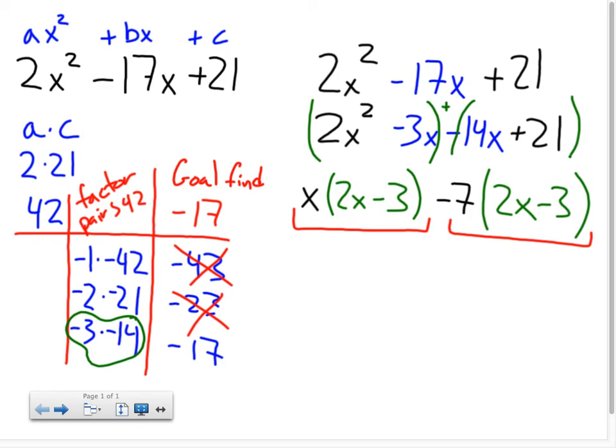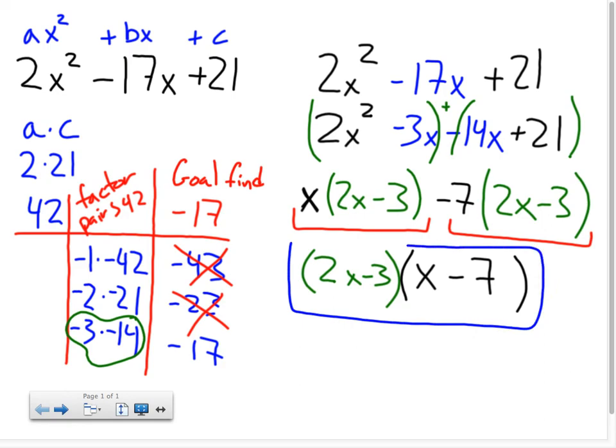I'm going to put it on the outside, the 2x minus 3. And then you're going to multiply by what's left. In the first term, the only thing left would be the x. So I'm going to put an x. In the second term, the only thing left, once I pull out the 2x minus 3, is the negative 7. So, we're done. This thing is completely factored, and we're ready to go.